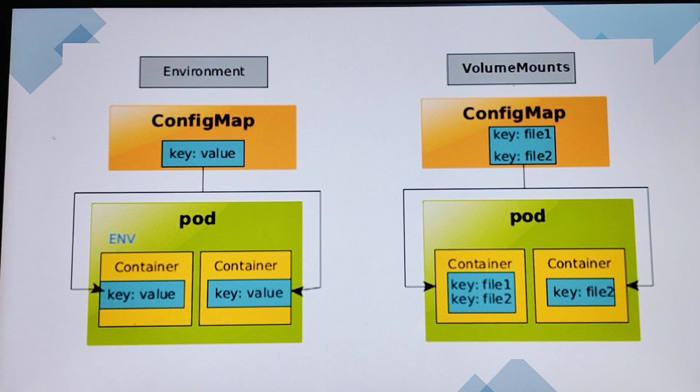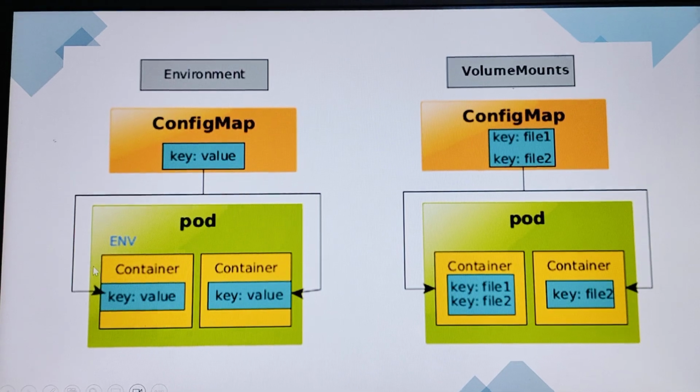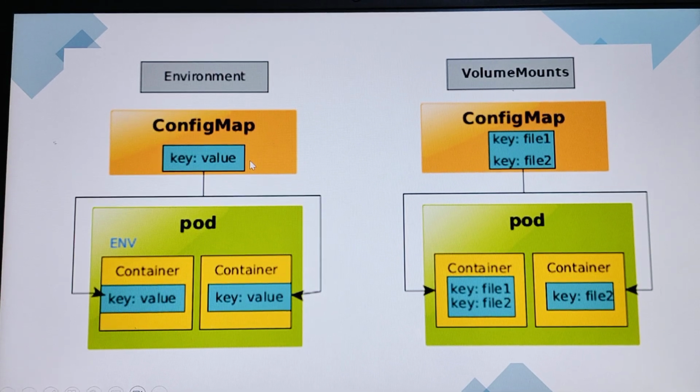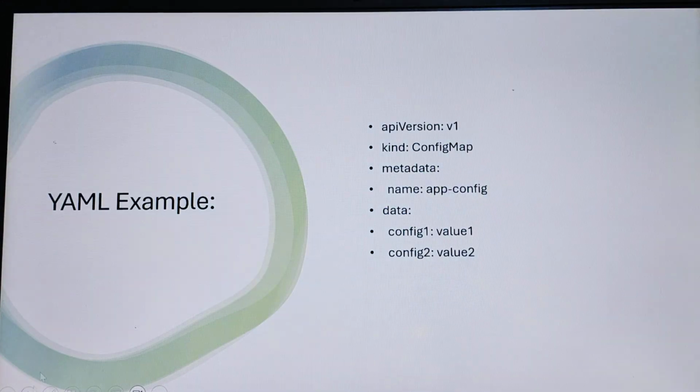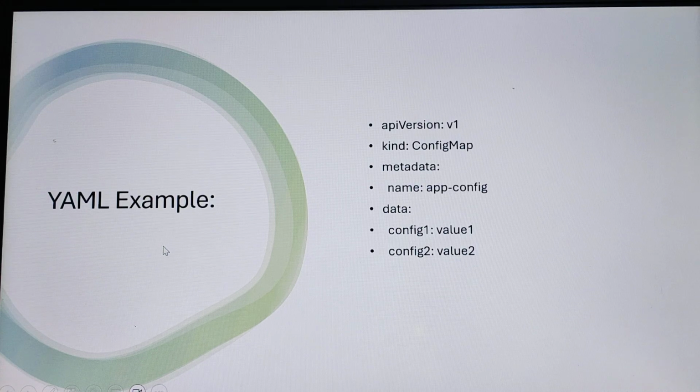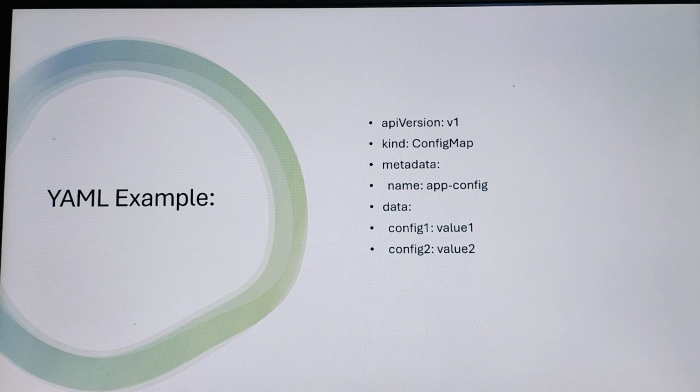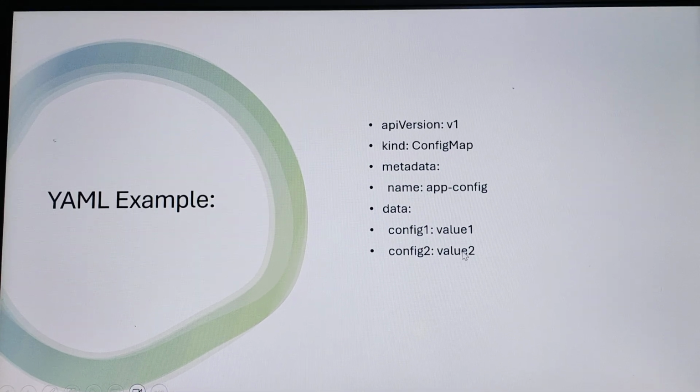You can also update the config map without needing to change the application itself. In a config map, values are stored in the form of key and value. Here is an example where we define a config map with two key value pairs, config1 and config2. The pod can access this config map as environment variables or as a file.